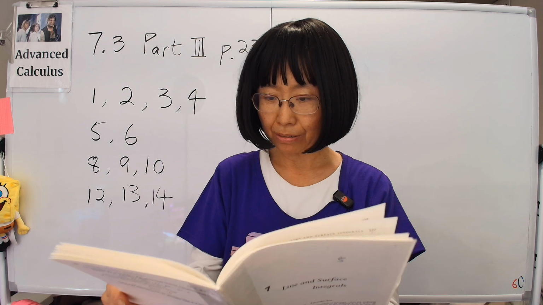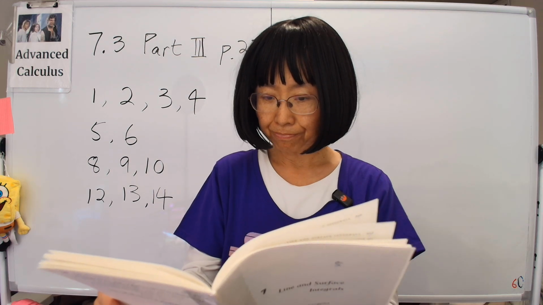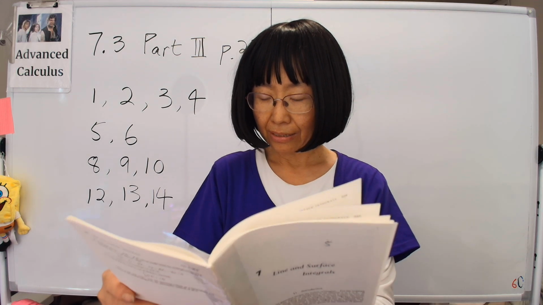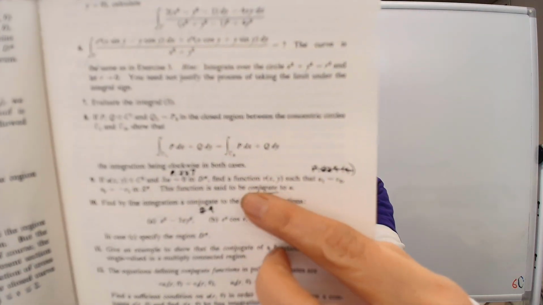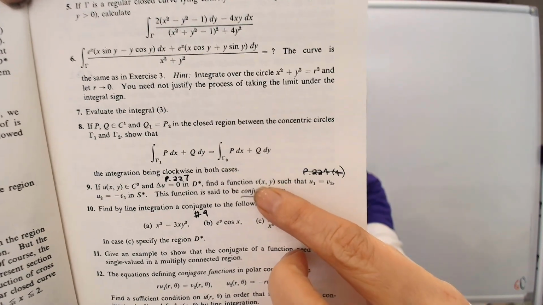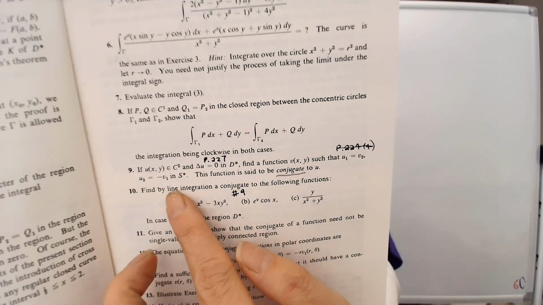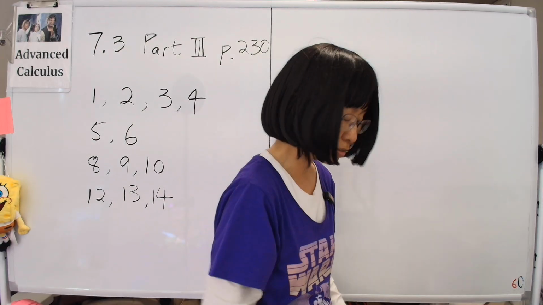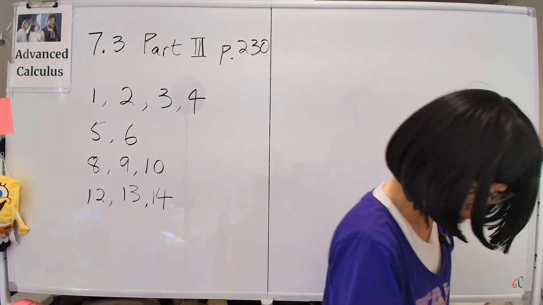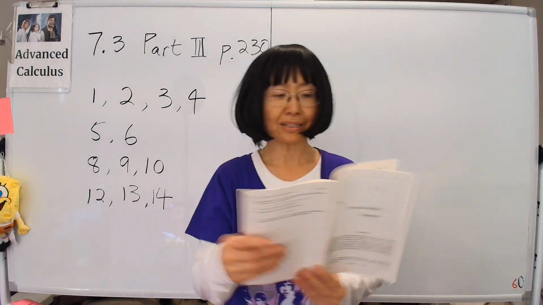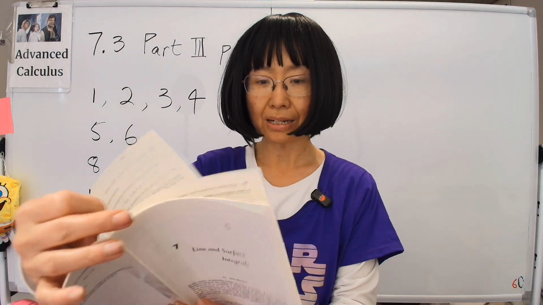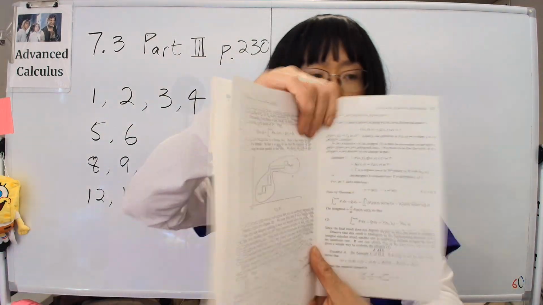In problem 9, if given a function U, we have a function V such that U1 is V2 and U2 is negative V1, then V is said to be conjugate to U. So we just have to show those two relationships, which is not that obvious, because so far we have only done the integration. Let's look at page 228 again.